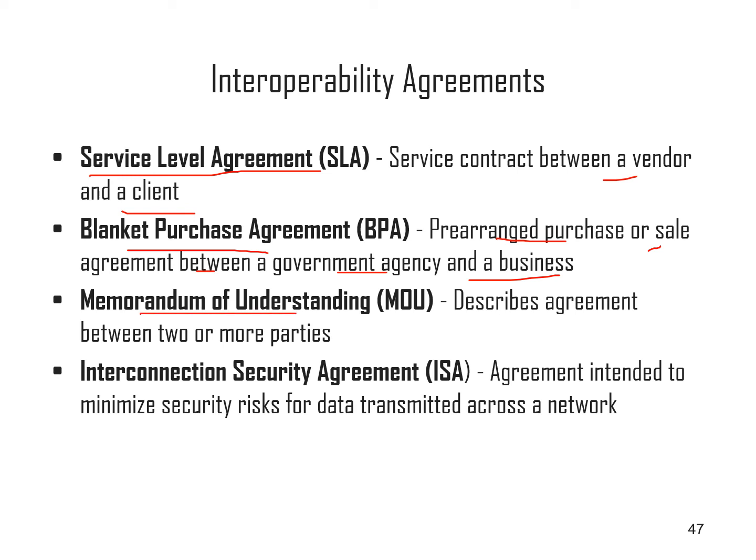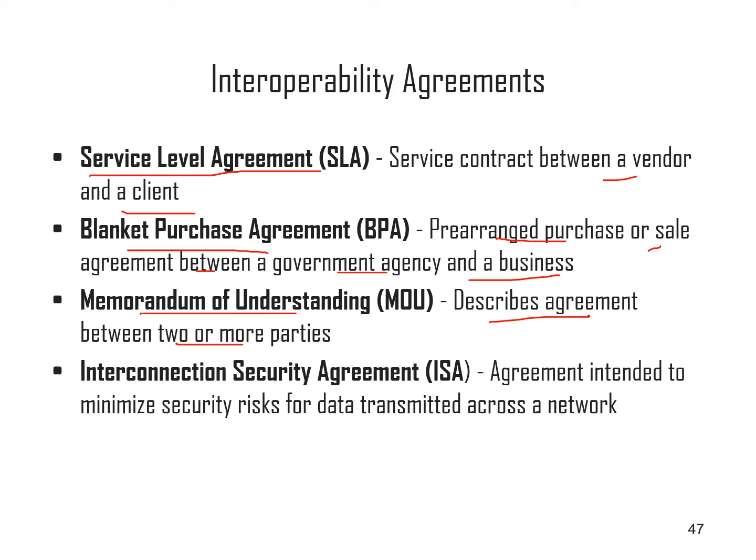Memorandum of understanding, you all know, right? MOU. We have a number of MOUs in our institution itself. Say, for example, QAssure is there. They have signed an MOU. It describes the agreement between two or more parties. Security issues will arise while doing this MOU, right?